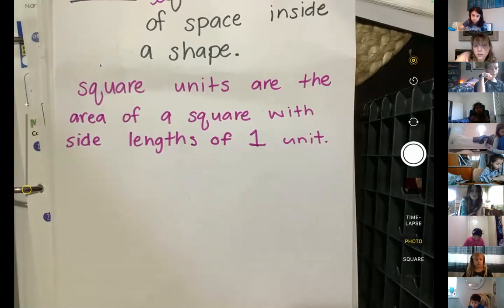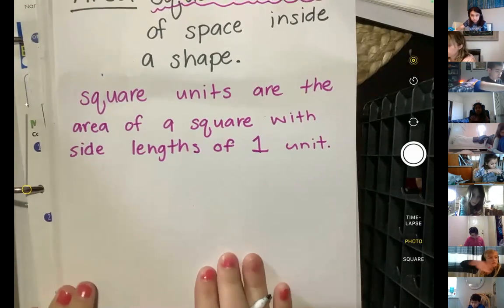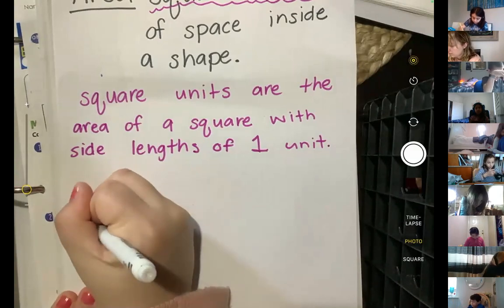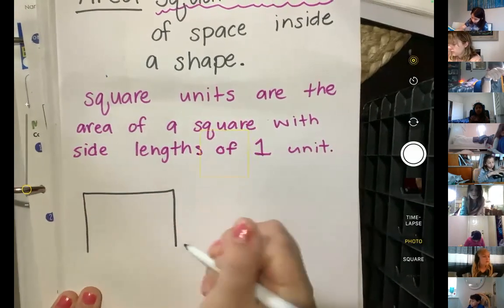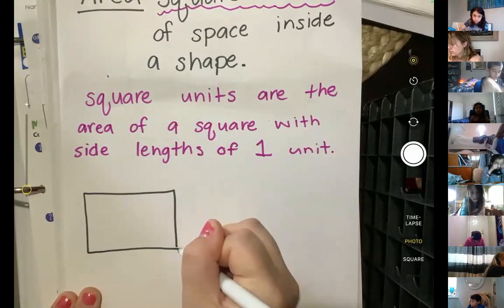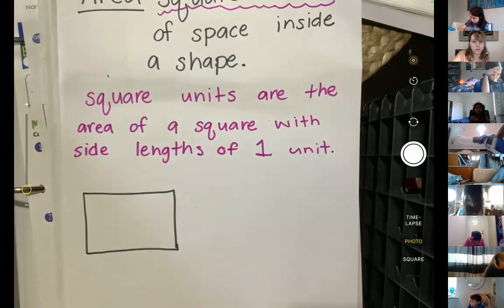So I'm going to draw you a quick little example. Okay. So for example, I'm going to do my best to make this even. Okay, good. You guys can see that.